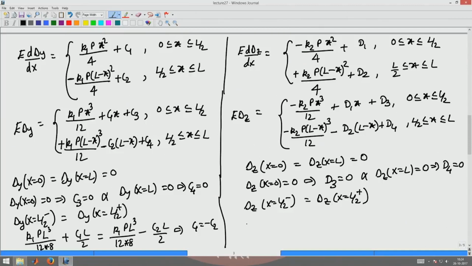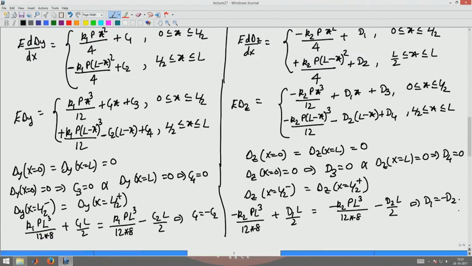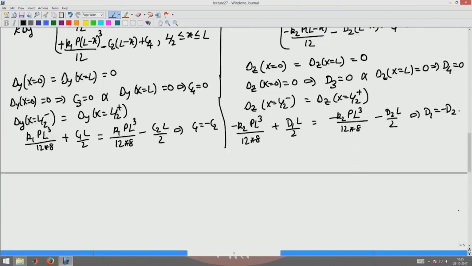This will imply minus K2 into P L cube by 12 into 8 plus D1 into L by 2 must be equal to minus K2 into P into L cube by 12 into 8 minus D2 into L by 2. This again implies D1 must be equal to minus D2. Okay. Now moving forward, we want to apply continuity condition on d delta y by dx.